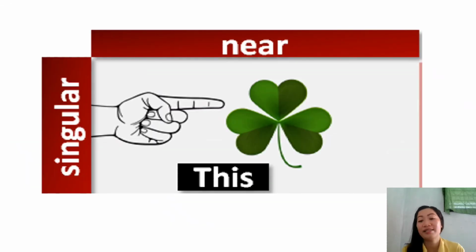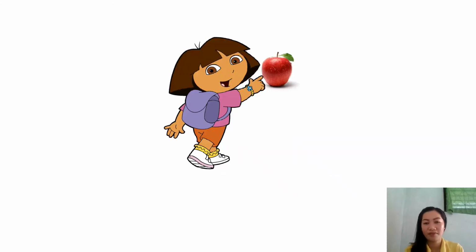Okay, let's start with this. Again, this is singular, and you are referring to things near or close to you. Can we count the apple? One, meaning it's singular.